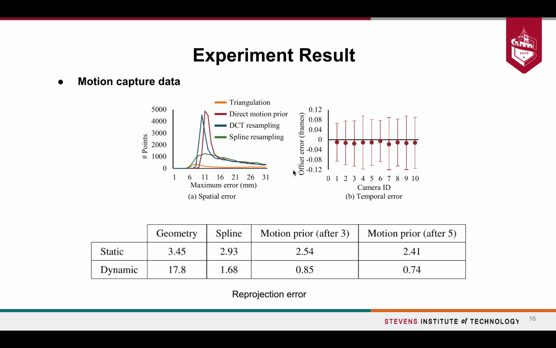He also compared the offset error for each camera, the temporal error, and also the reprojection error. This result after 3 is before the post processing, and this after 5 is with the post processing.